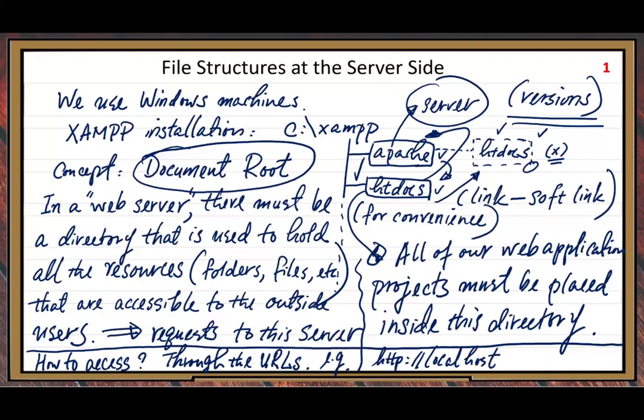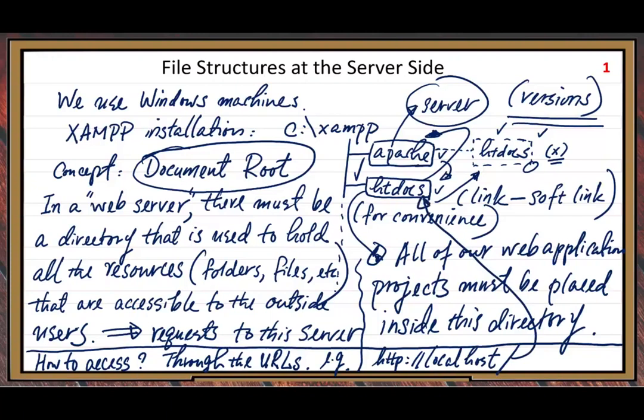No port number, because we use the default port number 80, so we do not need to specify it. Then a slash, and after it, this location corresponds to htdocs.